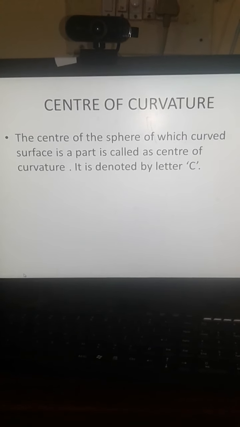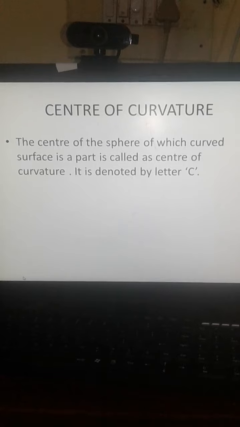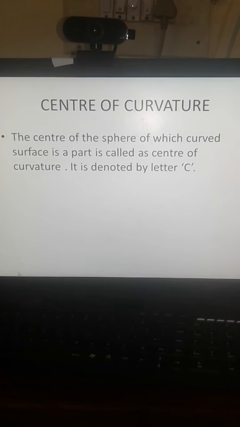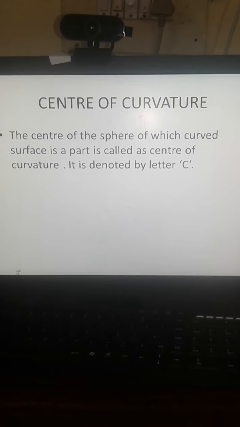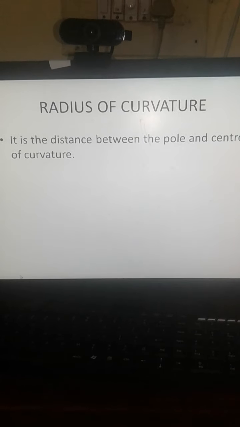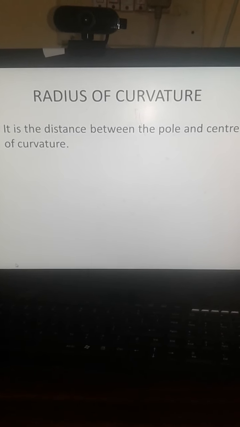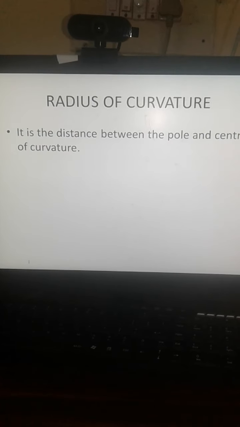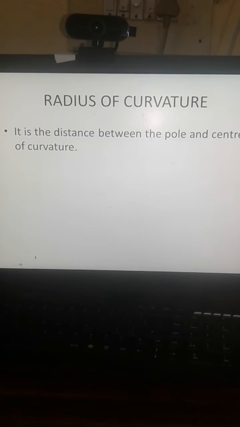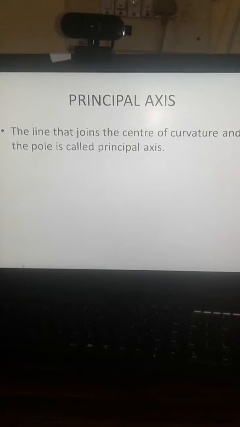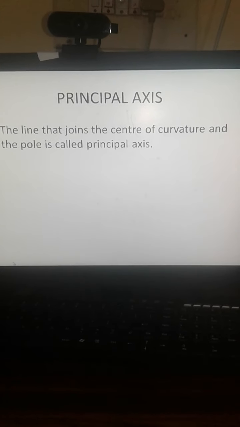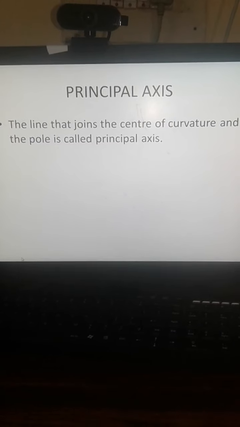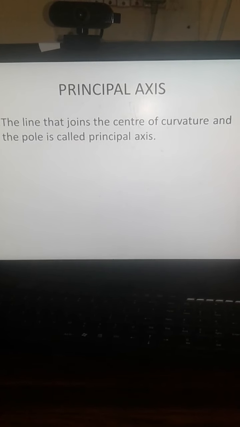Center of curvature: the center of the sphere of which the curved surface is a part is called the center of curvature and is denoted by the letter C. Radius of curvature: it is the distance between the pole and the center of curvature. Next, principal axis: the line that joins the center of curvature and the pole is called the principal axis.